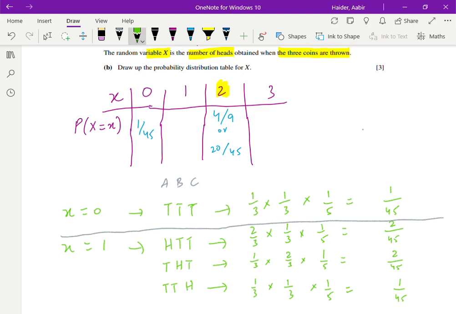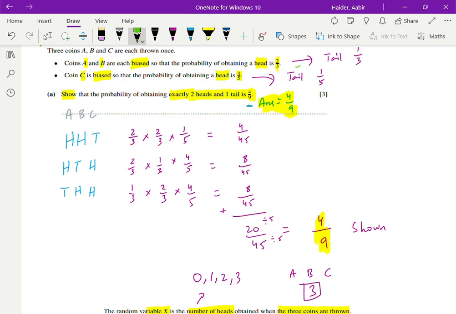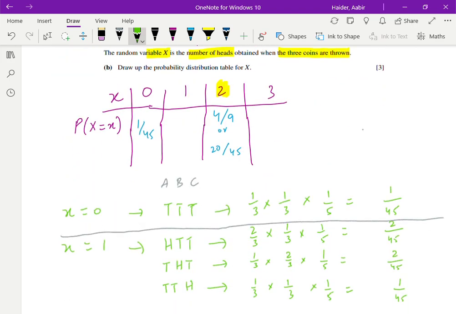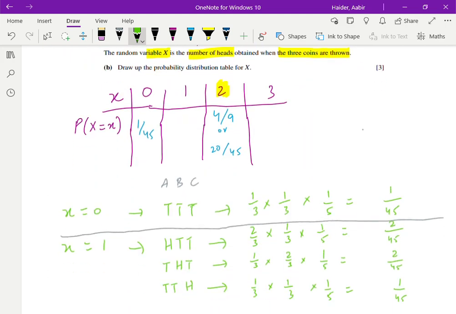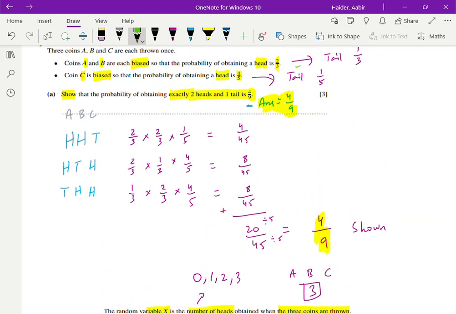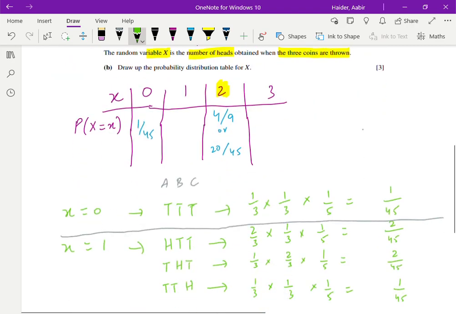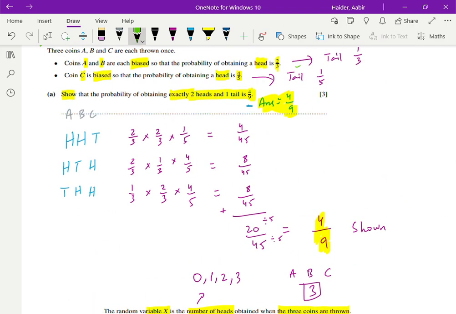Over here we have one thing. If we have a head for the first one, that is 2 over 3, and then tail 1 over 3, and tail is 1 over 5 for C. Tail for A is 1 over 3, and head for B is 2 over 3, and tail for C is also 1 over 5.